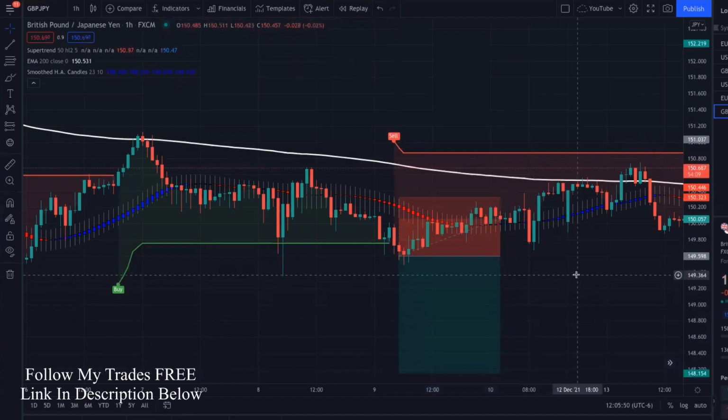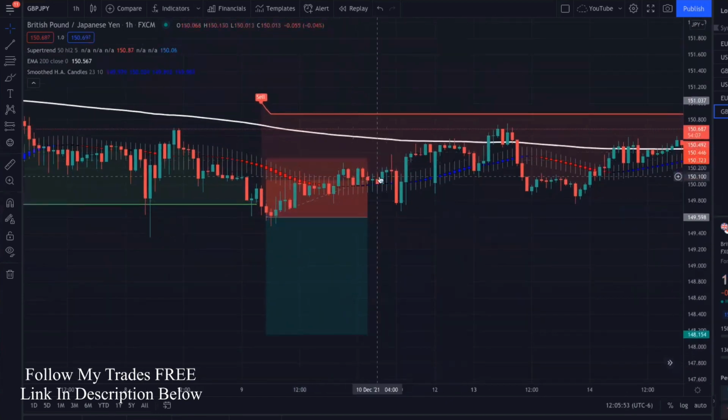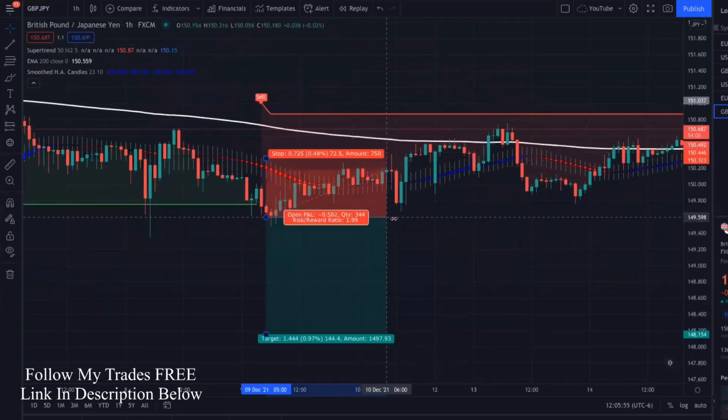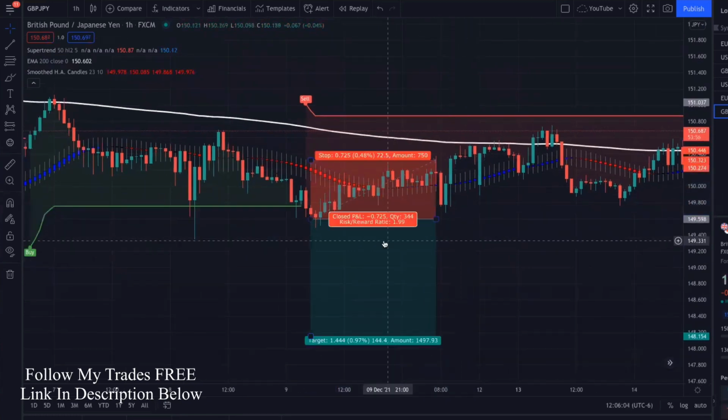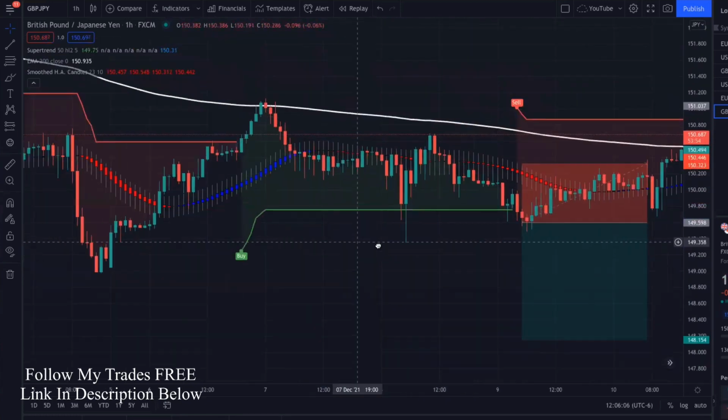Okay. And this one would have stopped out right there. Okay. So that one would have stopped out right there, which is fine. You're gonna lose some. It's part of trading.